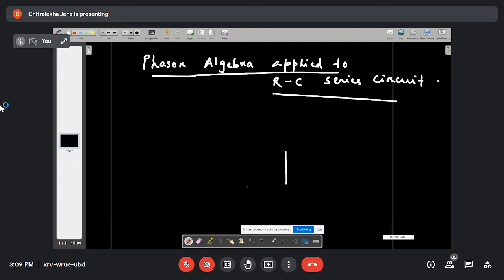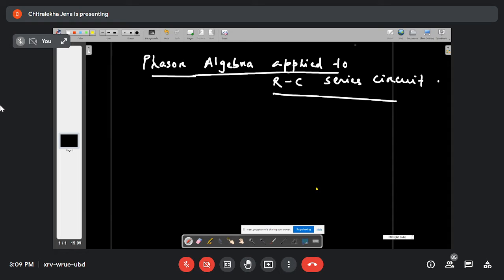Yes, tell me. We can say whether it is a resistive circuit or inductive circuit by only seeing the phasor diagram. We don't need to calculate each and everything.